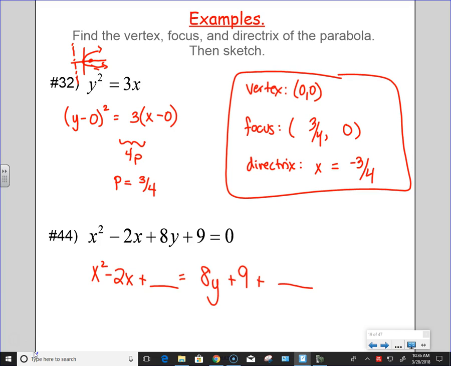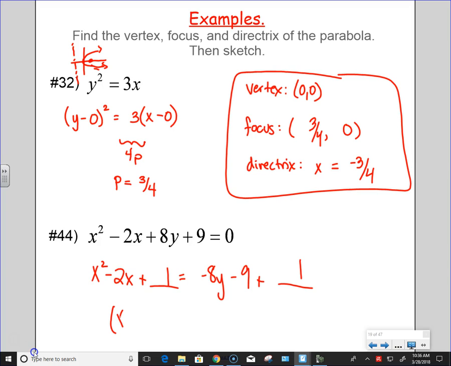I was going too quickly. I was supposed to subtract the 8y and subtract the 9. What's the number that's going to go in my blank to complete my square? -2 cut in half, -1 squared, +1. Like one side I do to the other side.